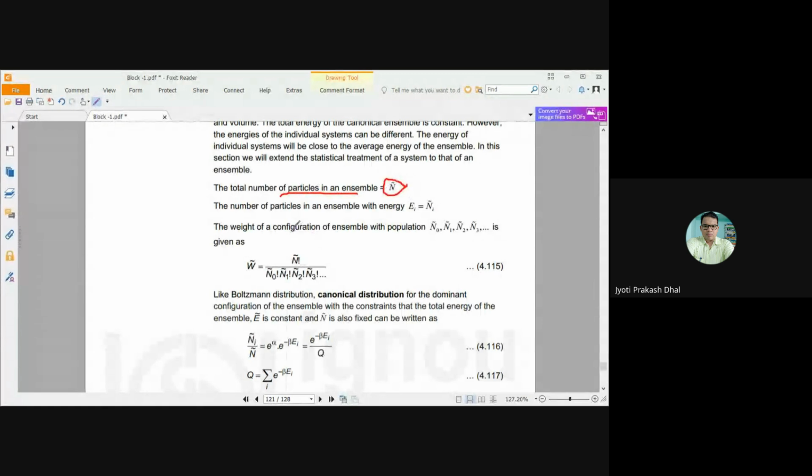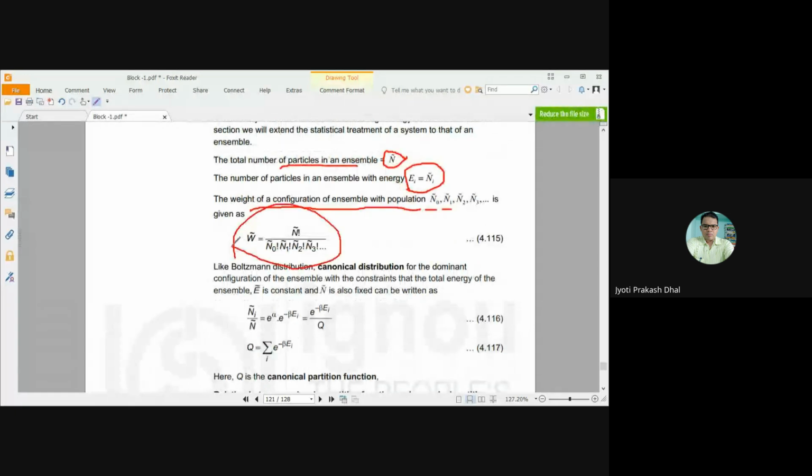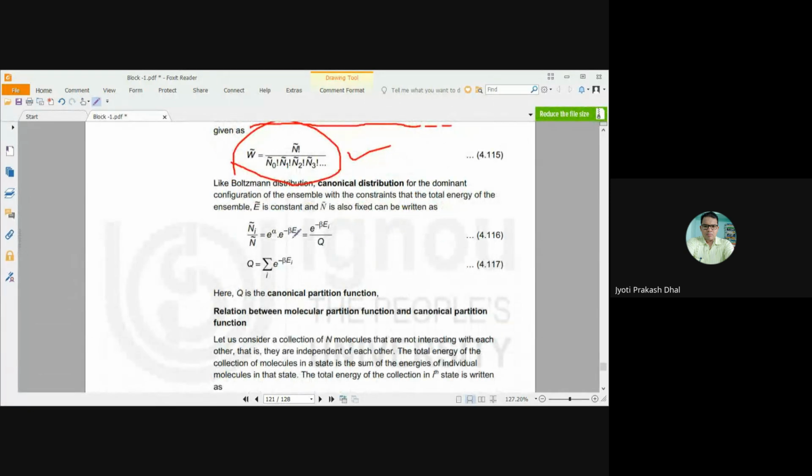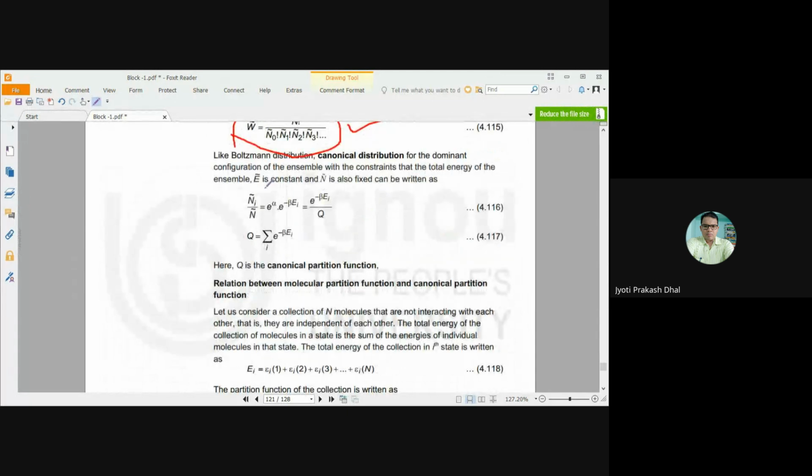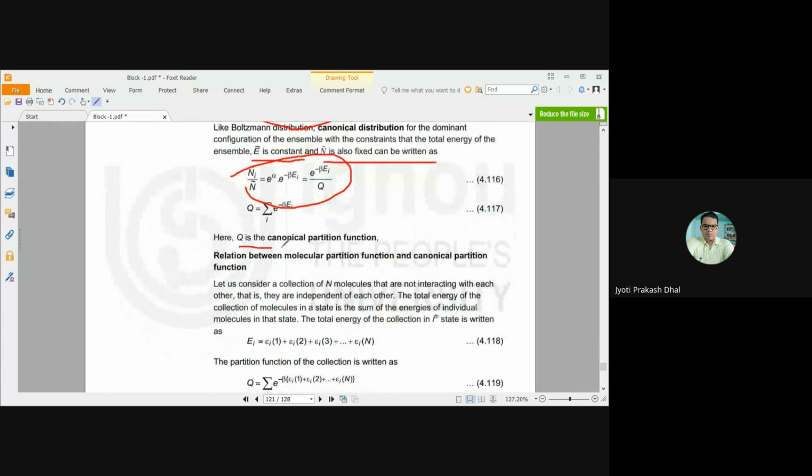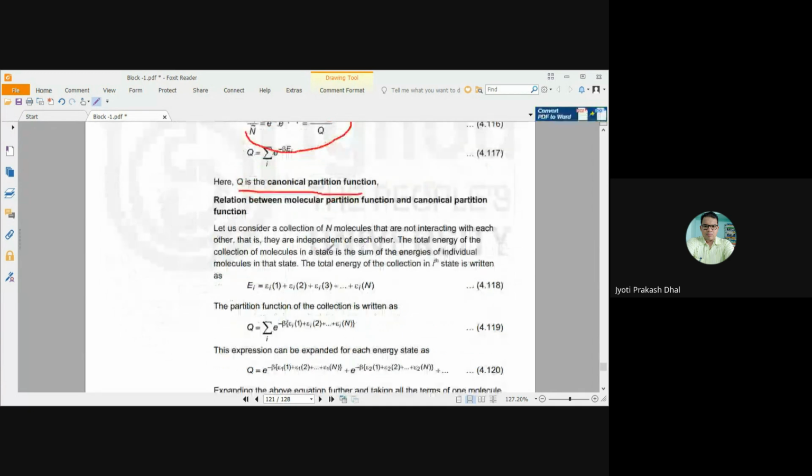The number of particles in an ensemble with energy Ei equals Ni, and the weight of the configuration of the ensemble has populations N0, N1, N2, N3 like this. Similarly, W of the ensemble gives the canonical distribution, and after that E bar is constant, that is, N bar is also fixed. All these values will be fixed, and that gives rise to Q, the canonical partition function.